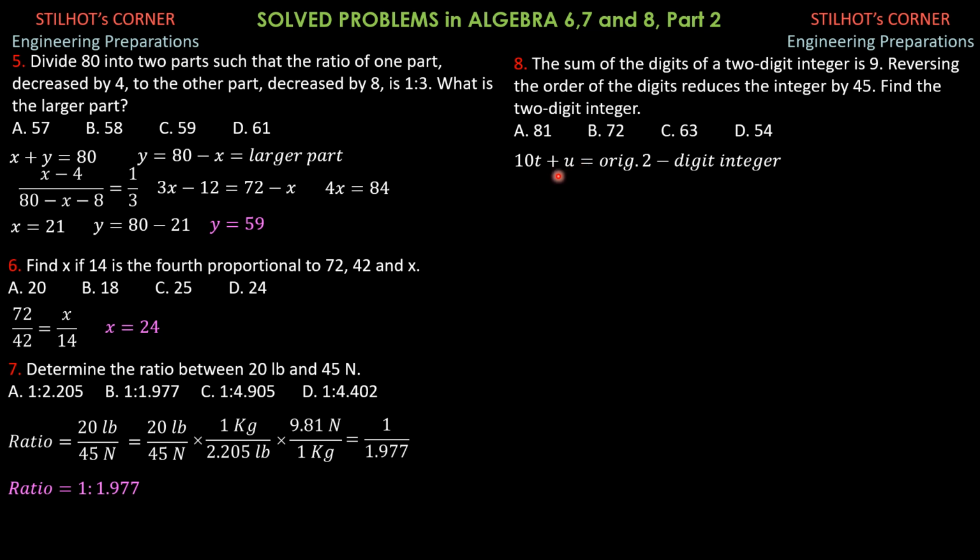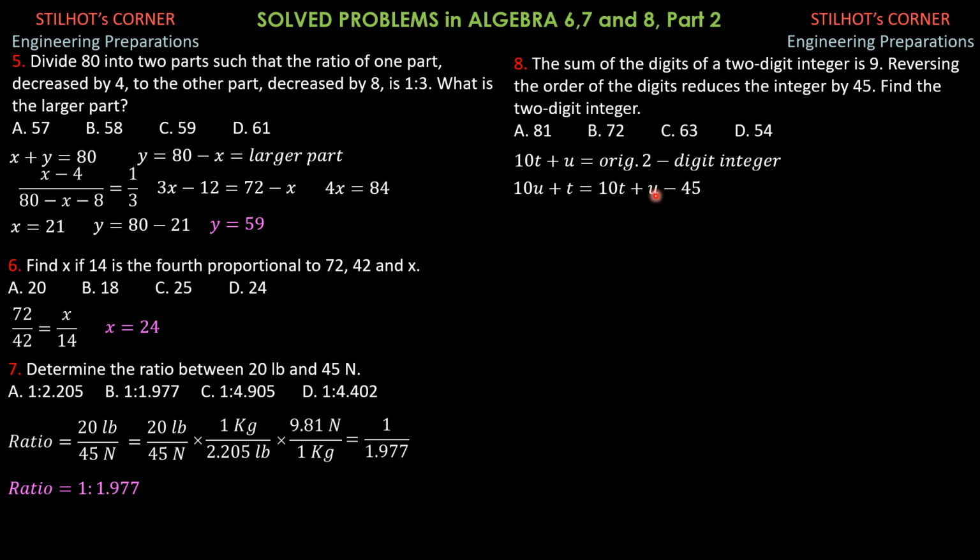Therefore, 10u plus t, that's the two-digit integer where the order of the digits is reversed, is equated to the original minus 45. So 10u plus t equals 10t plus u minus 45.